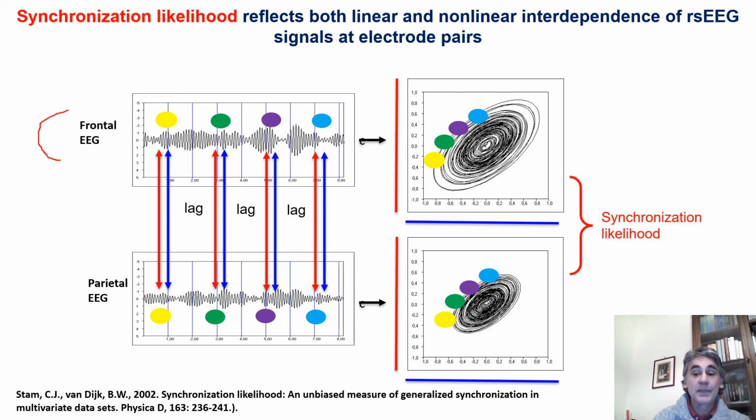And the procedure can repeat the measurements in another electrode and obtain trajectories in this space. Then statistical analysis can provide the synchronization likelihood of the interdependence of these two trajectories as a measure of interdependence of EEG signals at electrode pairs.